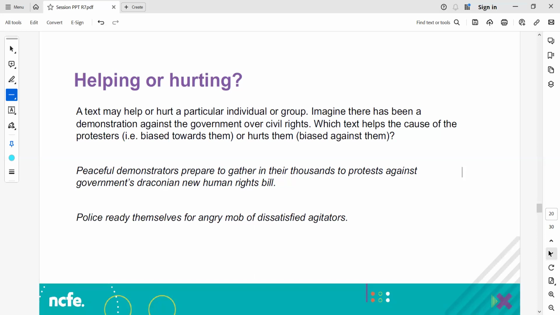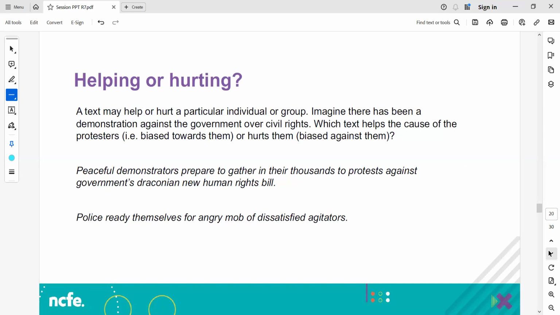Peaceful demonstrators prepare to gather in their thousands to protest against government's draconian new human rights bill. Police ready themselves for angry mob of dissatisfied agitators.